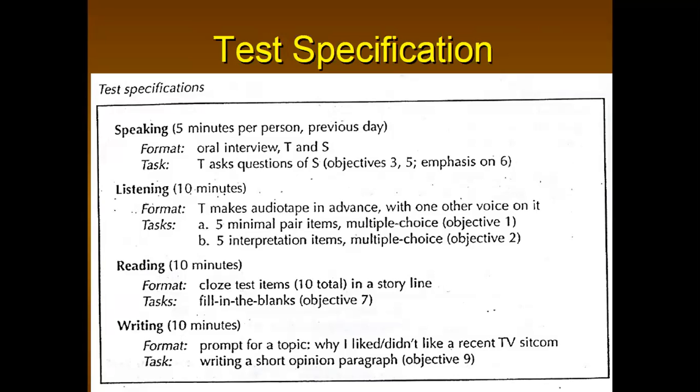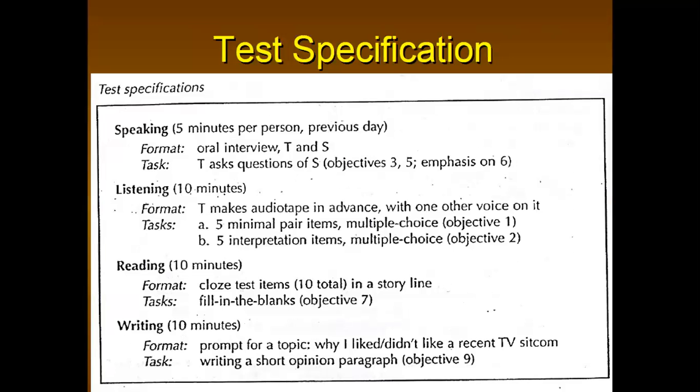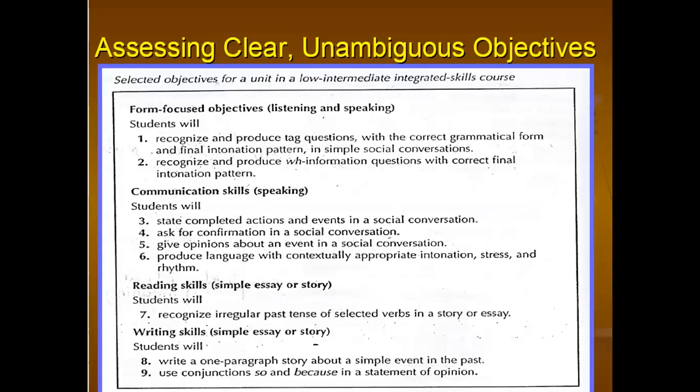And here, the teacher who designed this test or this evaluation is going to refer, according to the skill or the ability, to the objectives that he or she is taking into consideration, for listening and speaking, for reading or writing. For instance, for the speaking task, objectives 3, 5, and emphasis on 6.